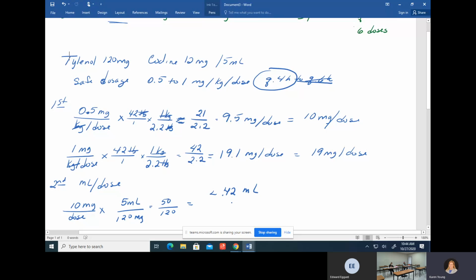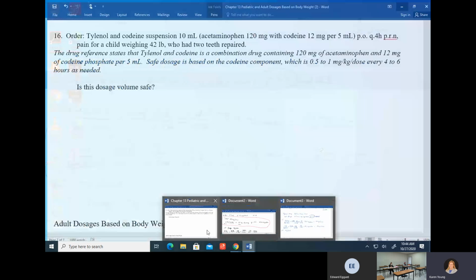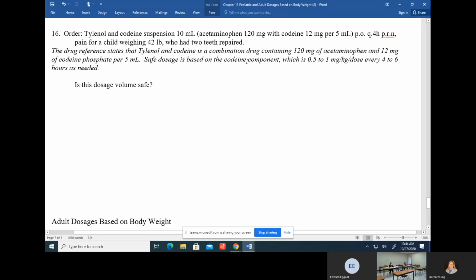Why did you use the 5 milliliters for? Okay, I'm going to go back. So I'm missing something somewhere, and I don't know if it's in my problem I've written. When you just do the 120 over 1, and then when you do the second one, it will then be the 12 over 5. Say that again.